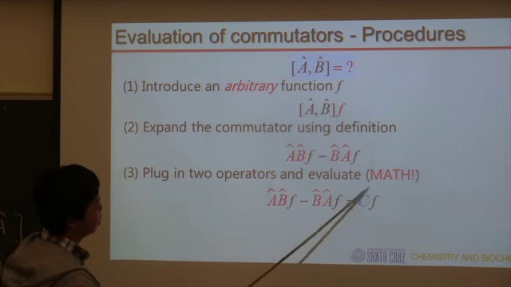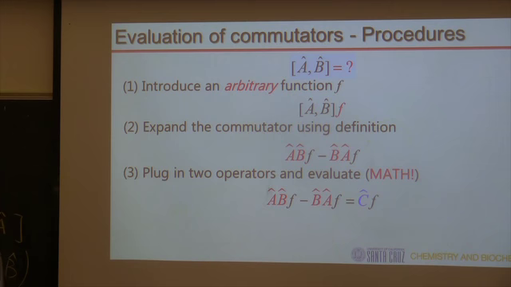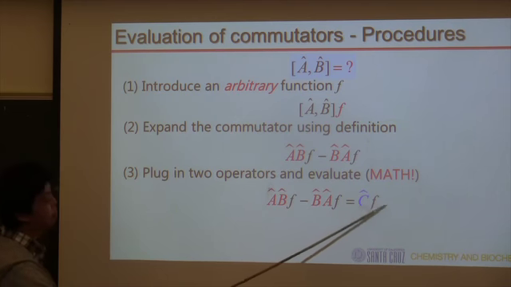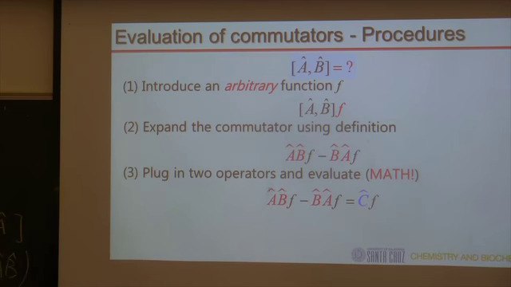You get another operator operating on the same arbitrary function f. That depends on your math. You should be able to get a common operator operating on a certain function, something like the eigenfunction eigenvalue problem. The fourth step is to take off f, and then the commutator of A and B equals C. So the commutator is the operator C here.